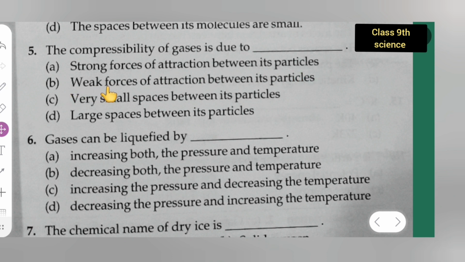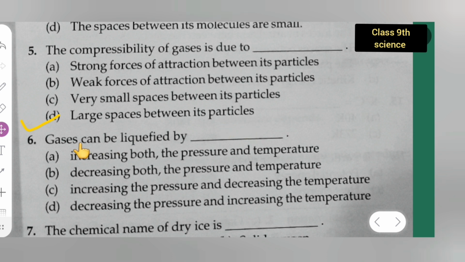Option B is big forces of attraction between its particles. Option C is very small space between its particles. Option D is large spaces between its particles. Which option is correct? For question number 5, large spaces between its particles is the correct option.